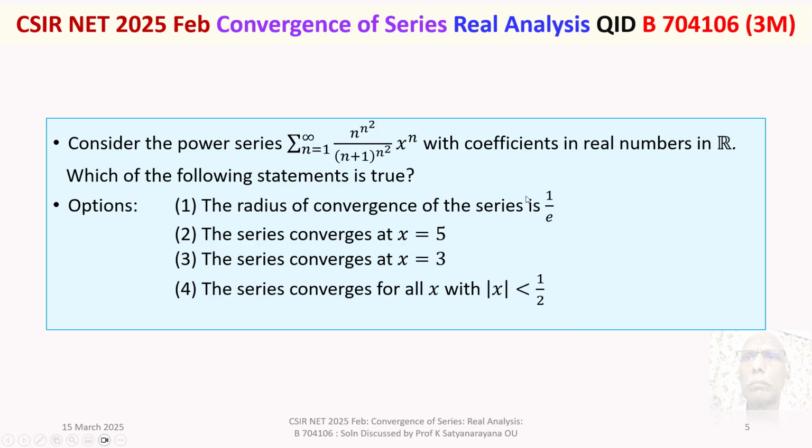So, this question is from the series of real numbers, and it is related to the radius of convergence or convergence of the series. Let's now discuss the solution of the problem in detail.